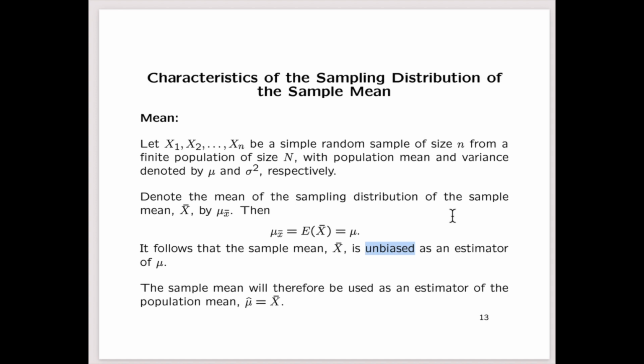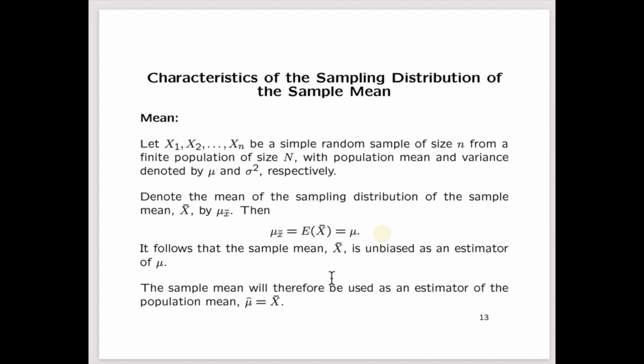You'll recall a similar kind of result that holds when we are performing IID random sampling. So we see that we get the same result here when we're performing simple random sampling. And so the sample mean will therefore be used as an estimator of the population mean. We're going to start using the following type of notation for estimators. Since the expected value of x bar is the underlying population mean mu, and you'll remember that when we're doing statistics, we're having to make inferences because we don't know the true value of mu.